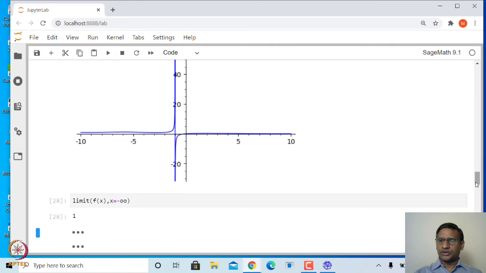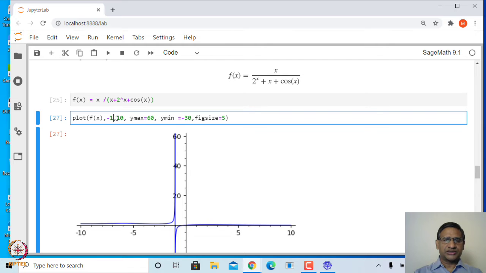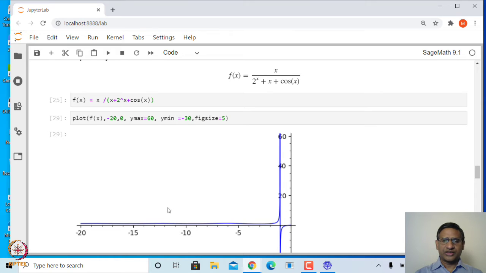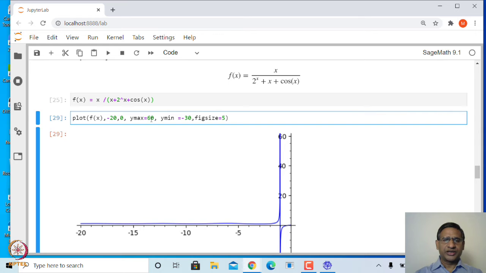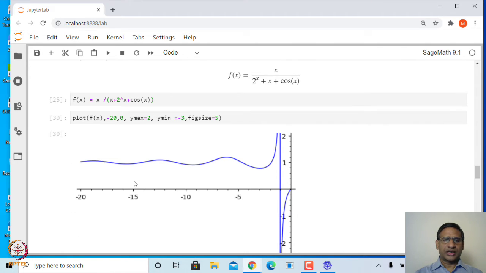If you want, we can even plot this graph between, let us say, minus 20 and 0, and let me restrict the maximum value of y to, let us say, 2 and the minimum value to, let us say, minus 3, and then you will see what happens.